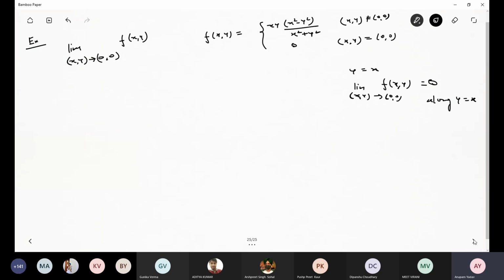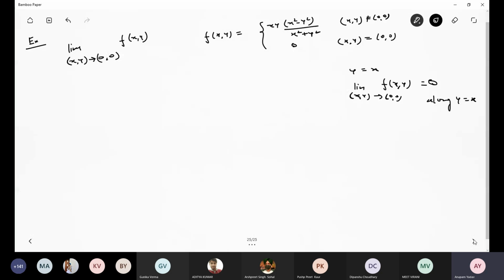Now if you have any other path which passes through the origin, why origin? Because we are evaluating the limit at (0, 0). So whatever path you choose, it should pass through the point where we are evaluating the limit. If you are able to get any other path or direction which passes through the origin, and it gives you a limit other than 0, then immediately you can claim that the limit does not exist.